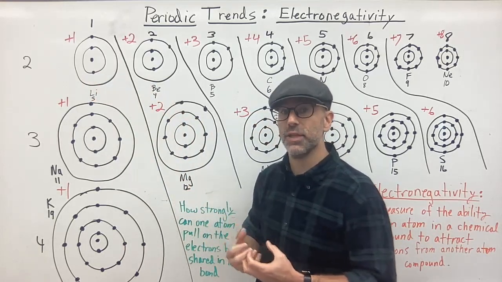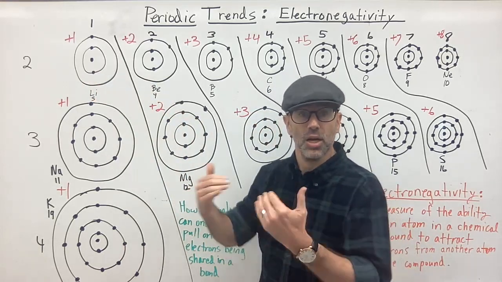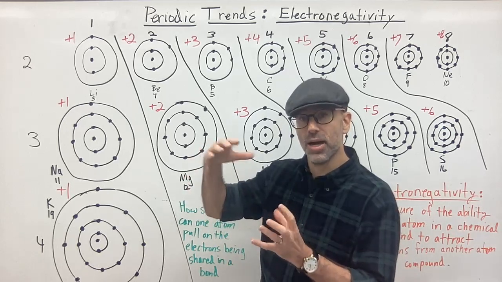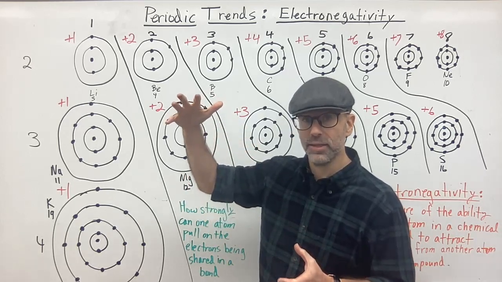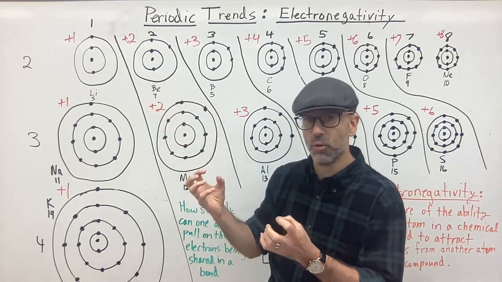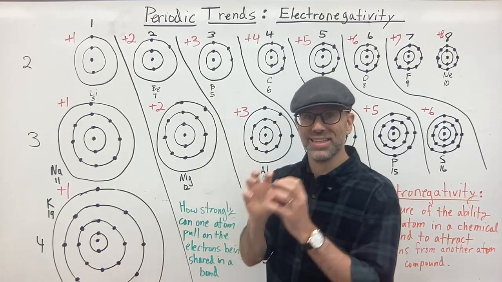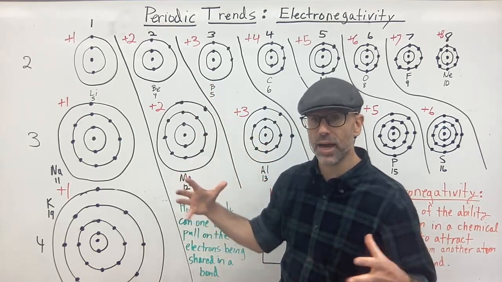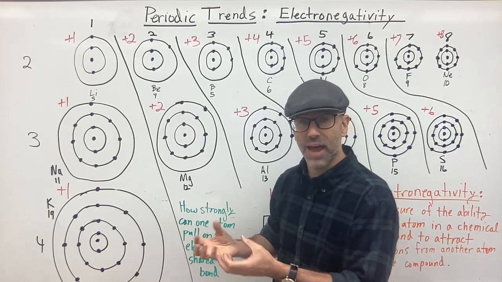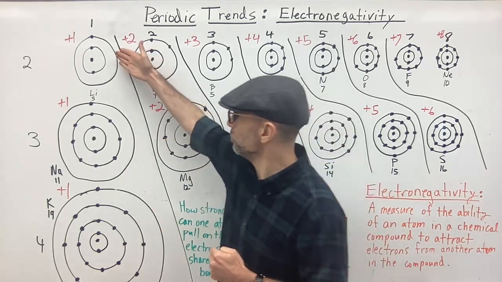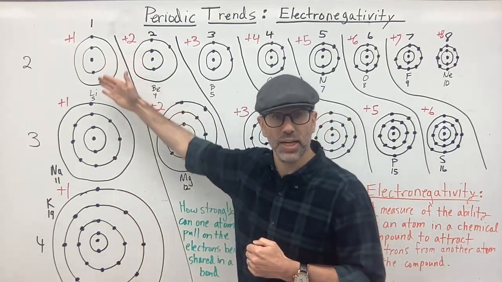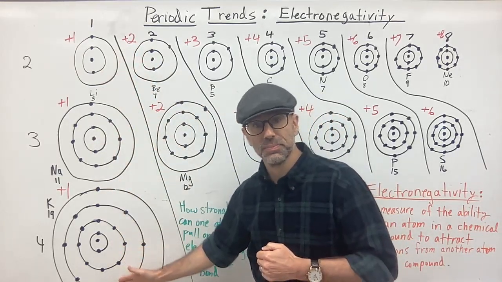So the electronegativity we would expect to be lower. Larger atoms have valence electrons that are farther away, therefore less attractive force. So when we're talking about the electrons in a bond, the bigger atom is not going to be pulling on those electrons as much. Therefore, we would predict that going down a group, the electronegativity decreases.